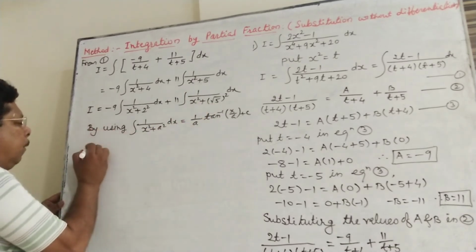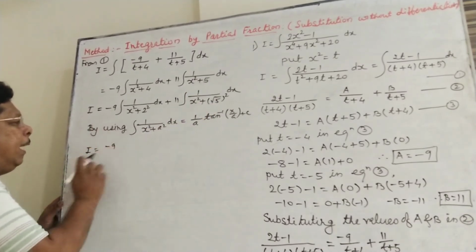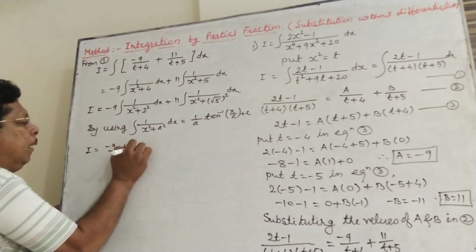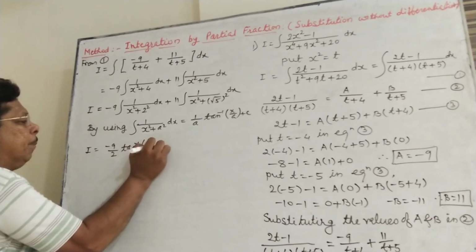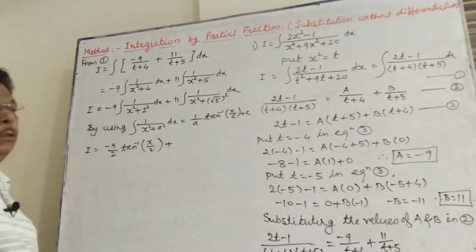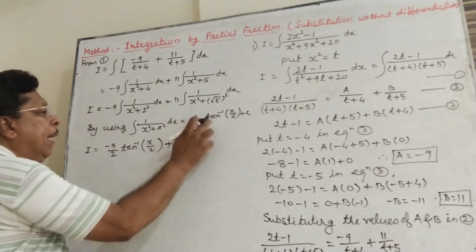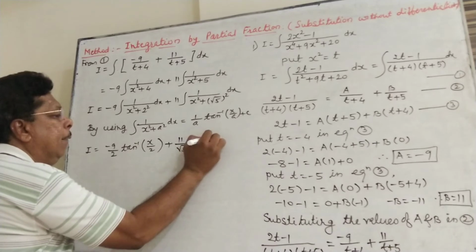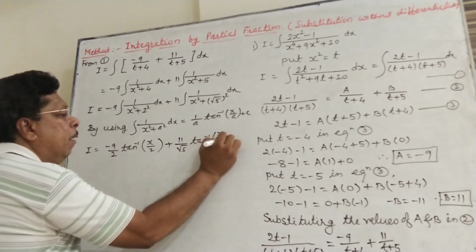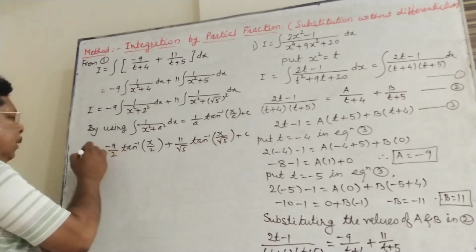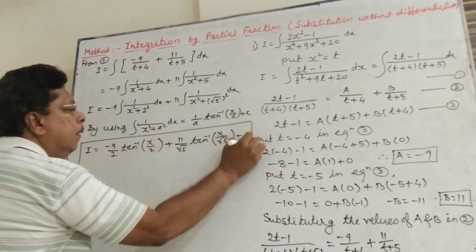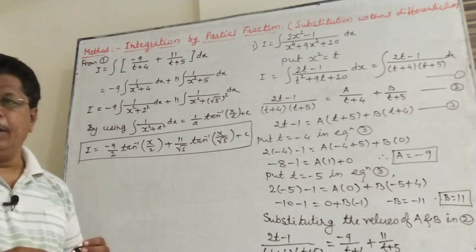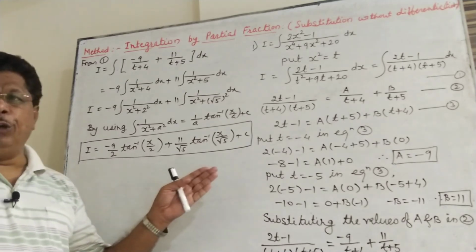So by using this formula it becomes I equal to minus 9, 1 by a is 2, so minus 9 by 2 tan inverse x upon 2 plus 11, 1 by a is root 5, so 11 upon root 5 tan inverse x upon root 5 plus c, which is the required answer. Do you understand? Okay, now we can take the screenshot.